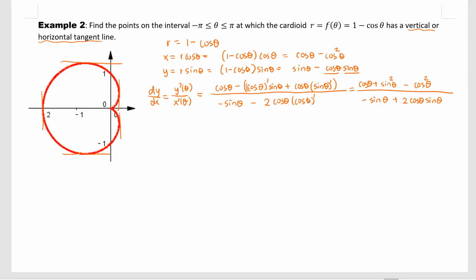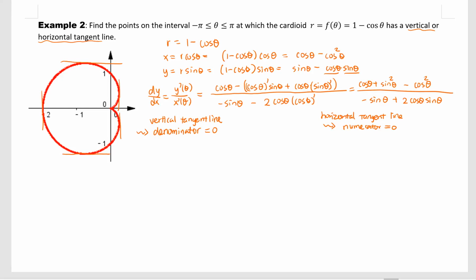So let me write it down. Vertical tangent line corresponds to the denominator equal to 0, and horizontal tangent line corresponds to the numerator equal to 0.